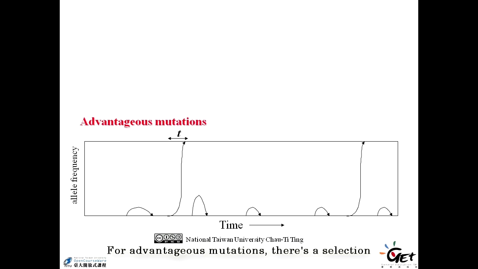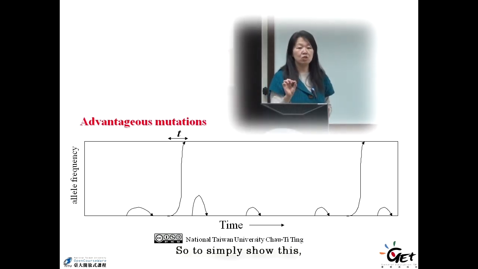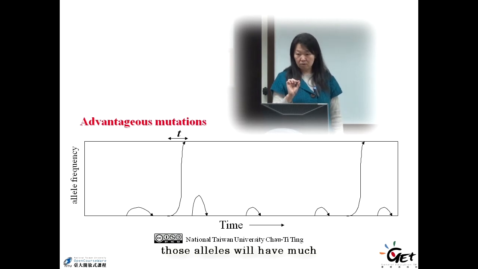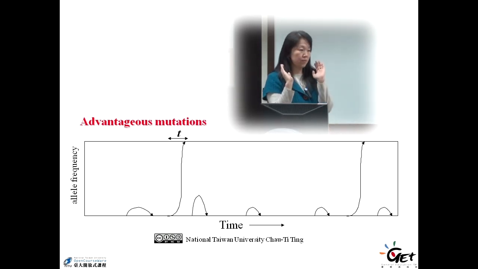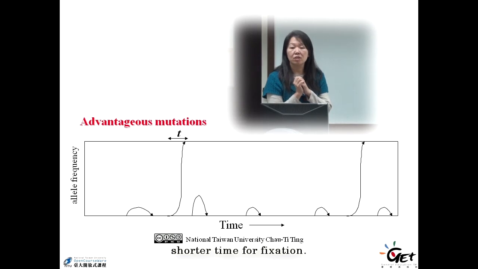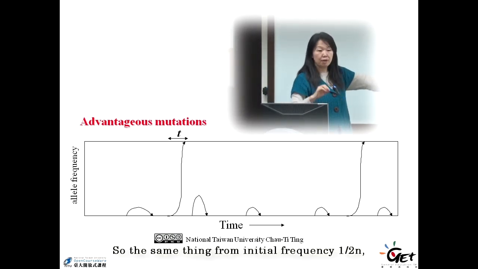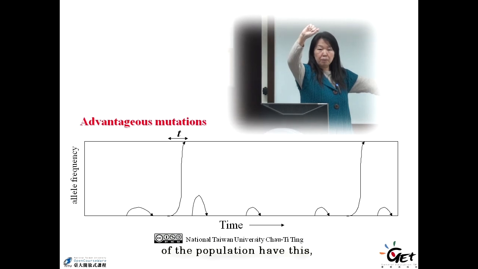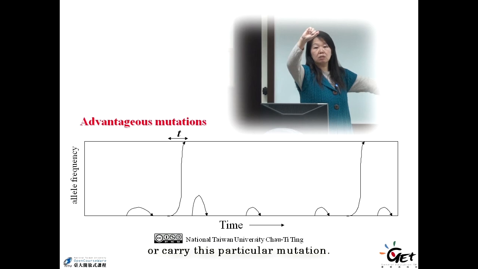For an advantageous mutation, there's selection pushing its frequency, so those alleles have a much shorter time to fixation. It's the same thing: from the initial frequency 1/2n to its final fixation, where 100% of the population carries this particular mutation.